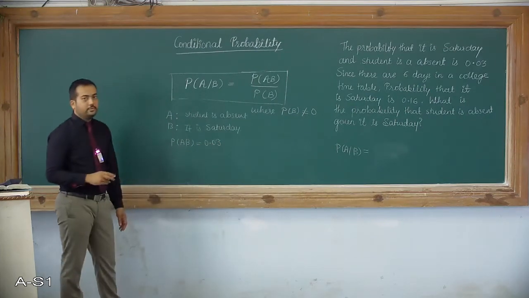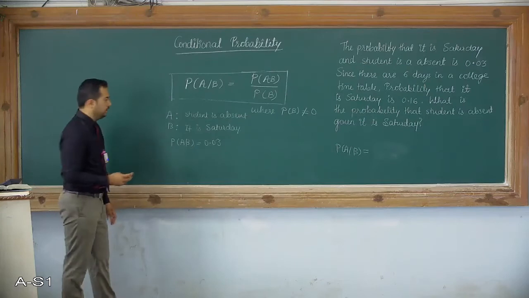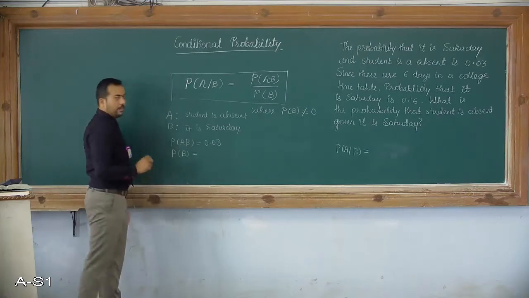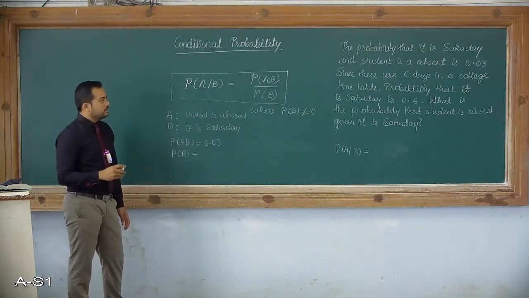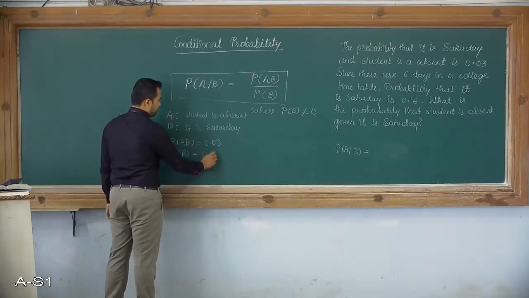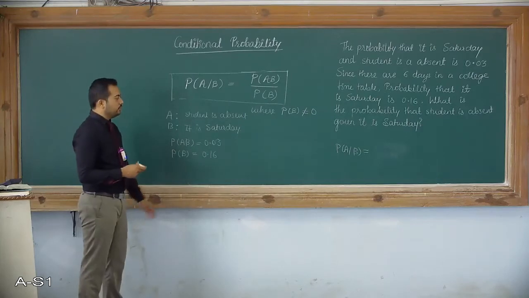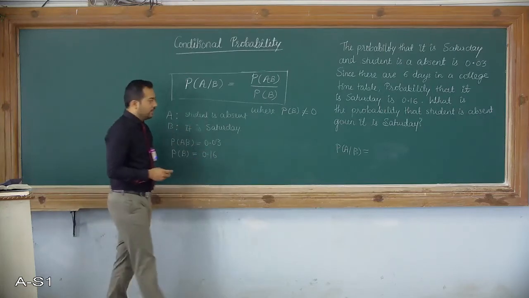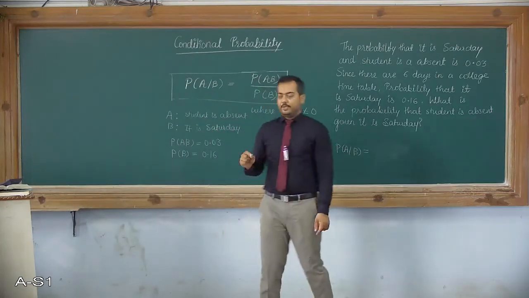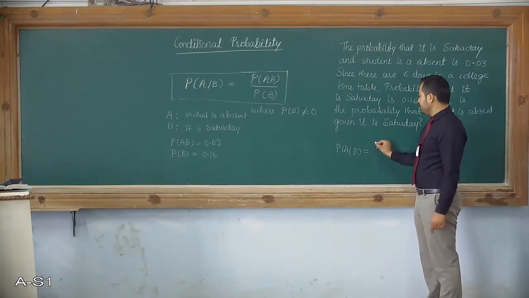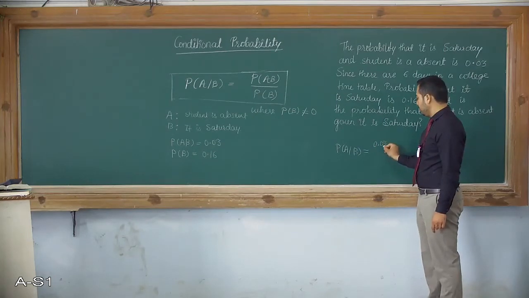Then the probability of B alone, that it's a Saturday, is 0.16. What we need to find is the probability of A given B, that is, the student is absent given it is Saturday. Substituting using this formula, we get 0.03 divided by 0.16.